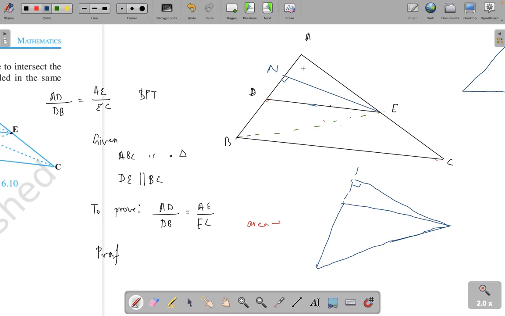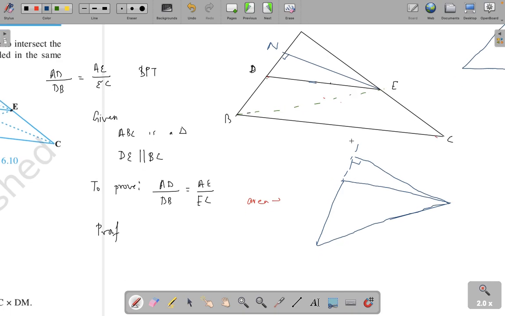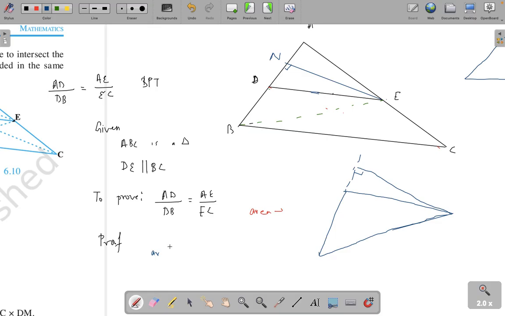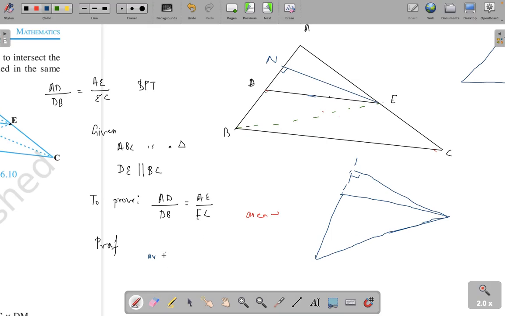Now see, this is one triangle, this is the base and this is the height. This is another triangle, this is the base and this is the height, right? So you can write the area of, say, triangle EDA. What is the area of triangle EDA?